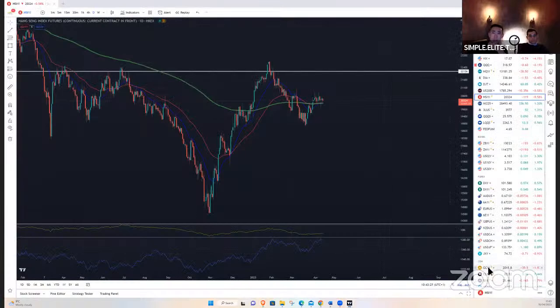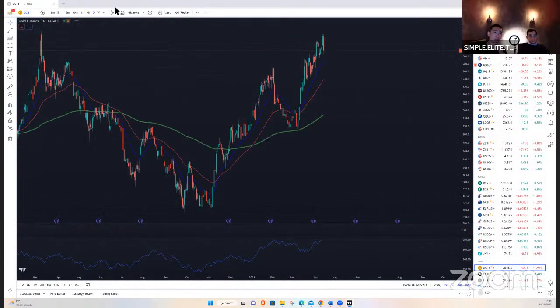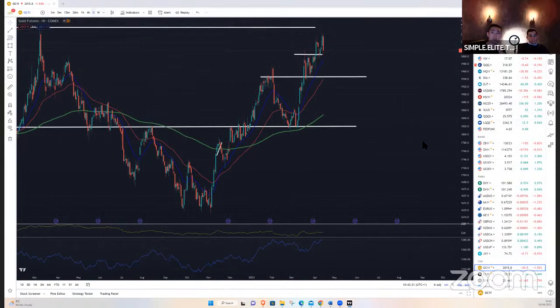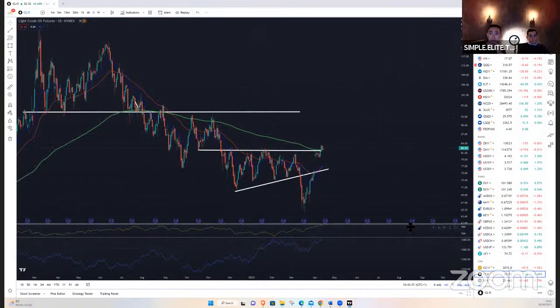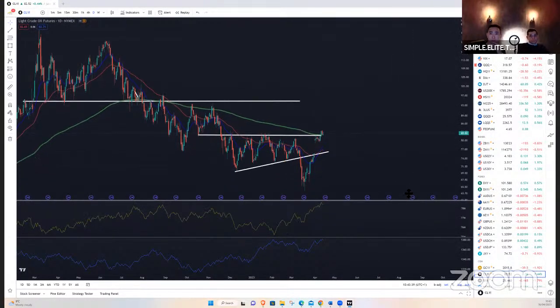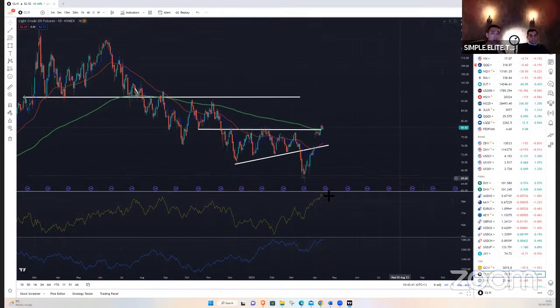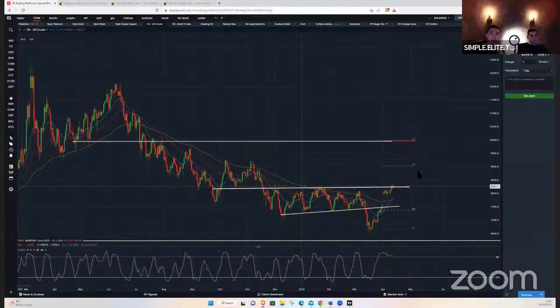This is where it comes into play when you have a TradingView chart. So we go to oil daily. It's got volume. The volume is still showing on the buy side, a little pulse on that end.